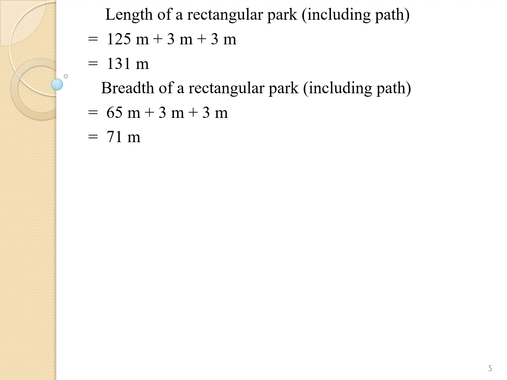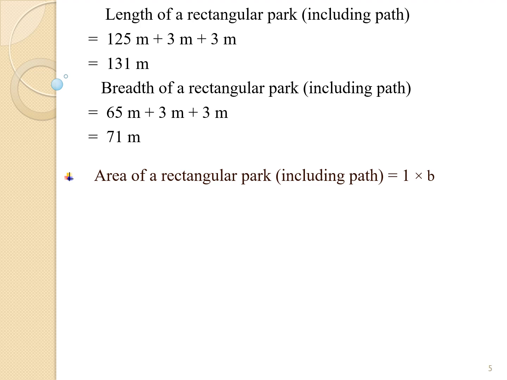Now, let us find the area of the rectangular park including the path. We know that area of a rectangle is equal to length into breadth, which is equal to 131 into 71, which is equal to 9301.